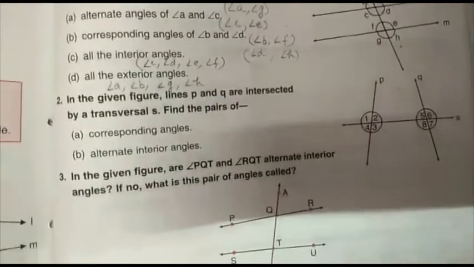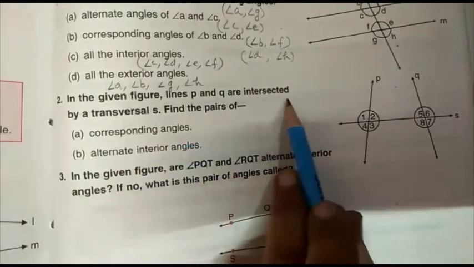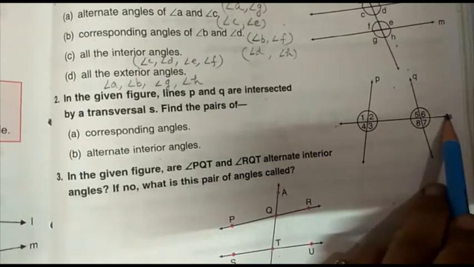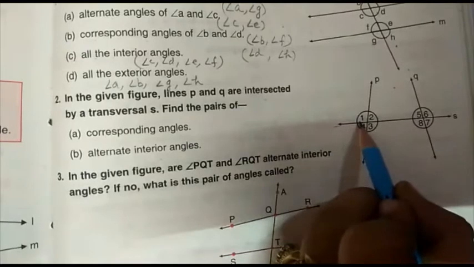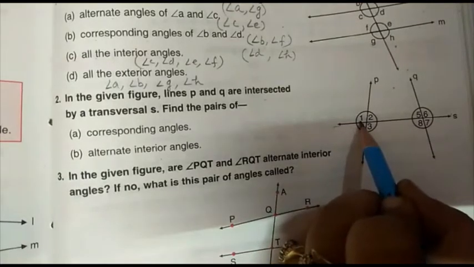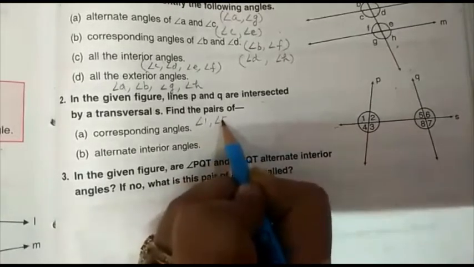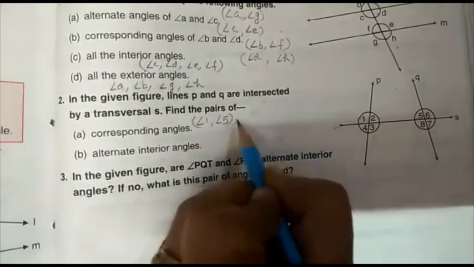Now next question. In the given figure, lines P and Q are intersected by transversal S. Find the pairs of corresponding angles. If I look at angle 1, its corresponding angle should be angle 5. On the same side of the transversal, one exterior and the other interior.